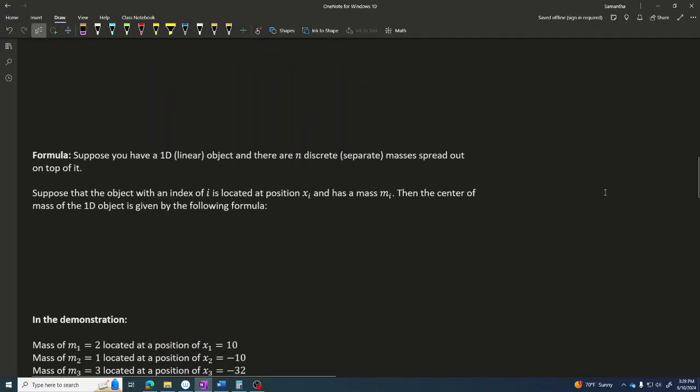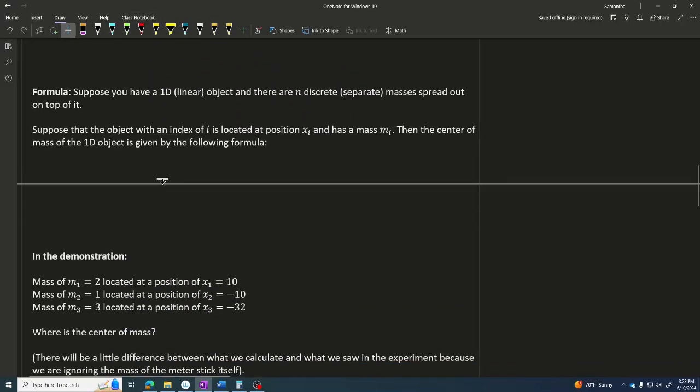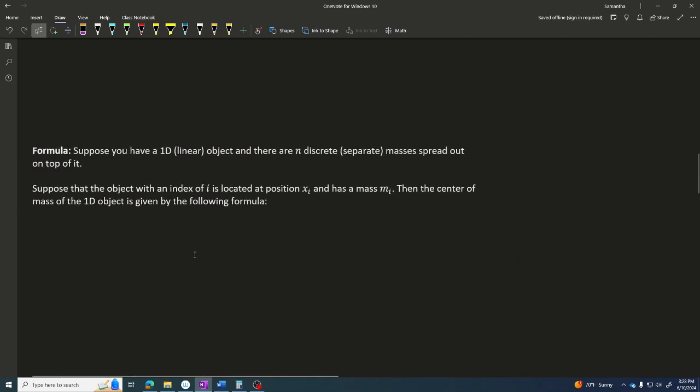So now that you've had an opportunity to see my very low budget demonstration, let's go ahead and write down the formula that we use to calculate the center of mass if you have a one-dimensional object and there are n, let's call it n, different objects on this line positioned at various locations. We're going to keep track of what object we're talking about by an index.